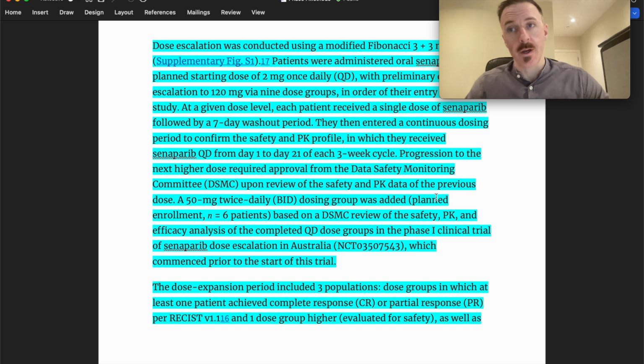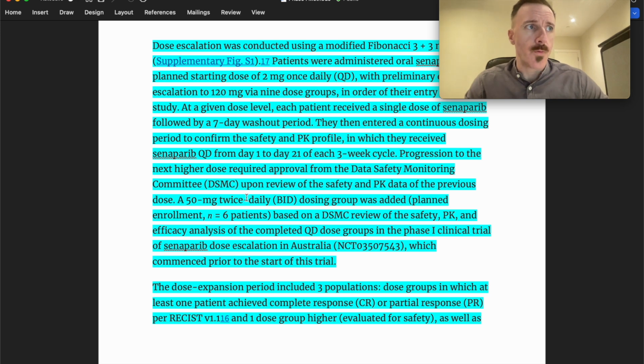Assessing drug pharmacokinetics is a key aspect of phase one trials. This is the assessment of the movement of a drug into, through, and out of the body, the time course of its absorption, bioavailability, distribution, metabolism, and excretion. If people are interested in learning more about pharmacokinetics and pharmacodynamics, please leave a note in the comments. So back to the methods.